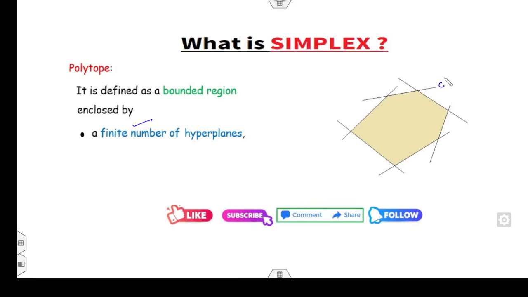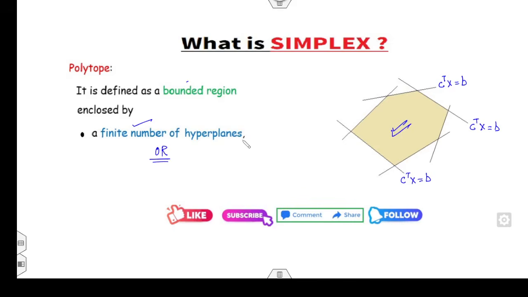So that is the equation C transpose X equals B, this is the second equation, this is the third equation of the hyperplane and so on. And this colored part is called the bounded region of the hyperplanes.